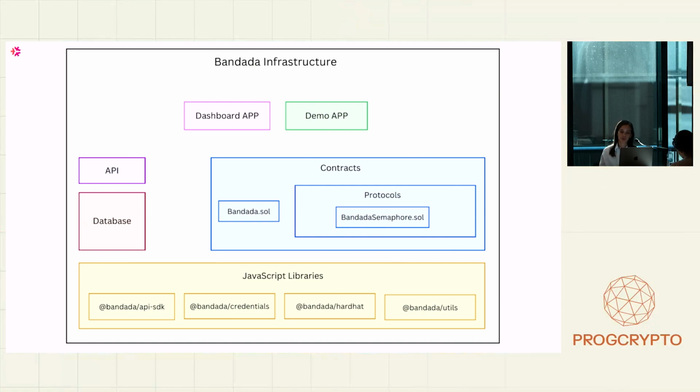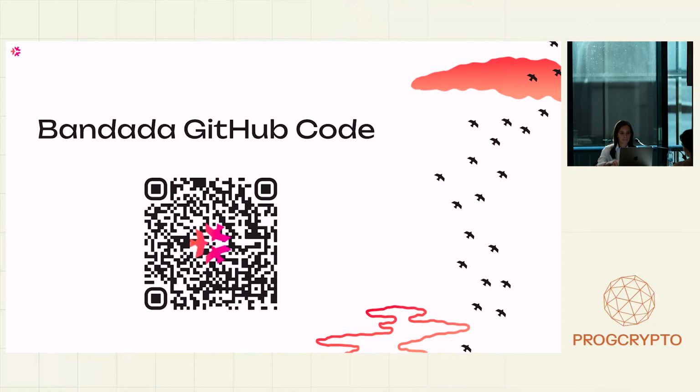There is another one with a Hardhat task to deploy the contracts easily, so you just use it and you don't have to write the task. And there's also a utils library for utility functions, so that you can get additional functions. You can take a look at that too.